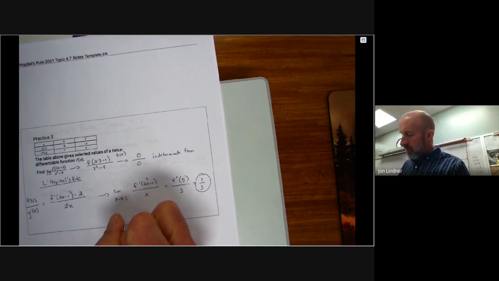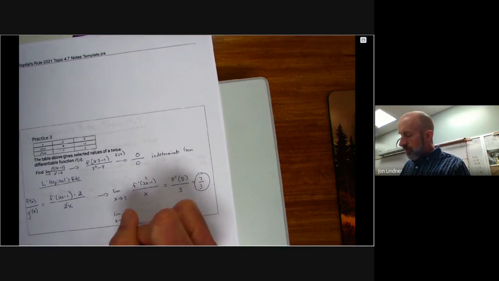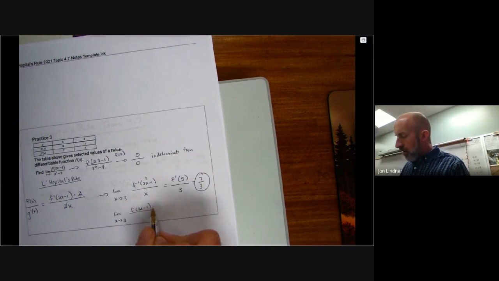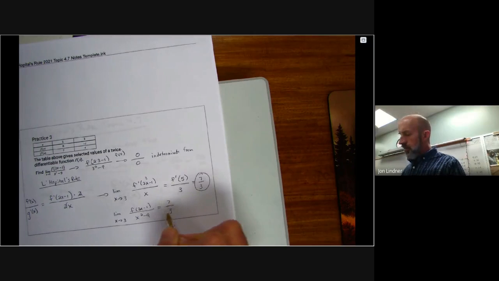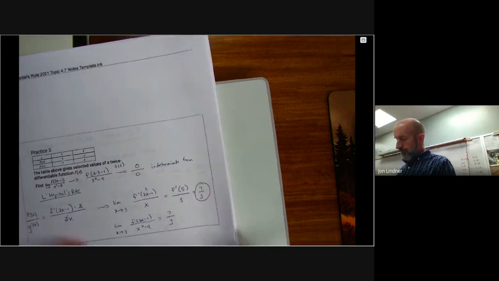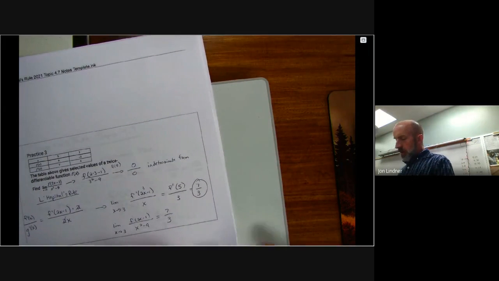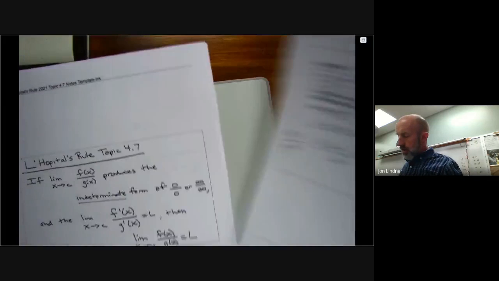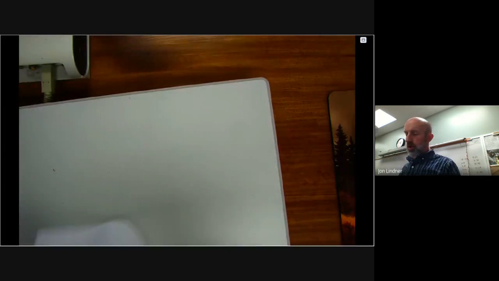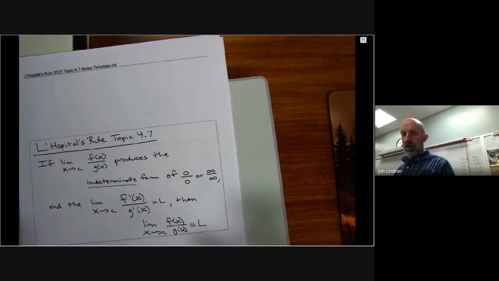So the limit then as x approaches 3 of f of 2x minus 1 all over x squared minus 9 is 7/3. And that is the conclusion of our notes on L'Hopital's rule.